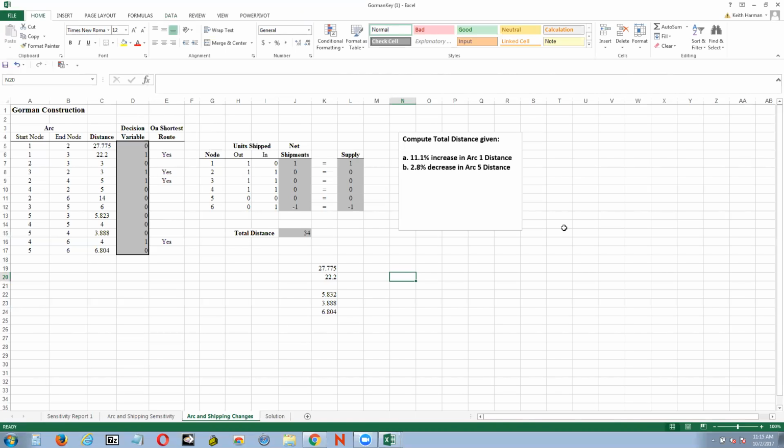So we've got a shortest route problem. If you look at the bottom of page 276, you're going to see each of those nodes, starting at Gorman's office, all the way over to point 6. You're going to see some distances between those nodes.